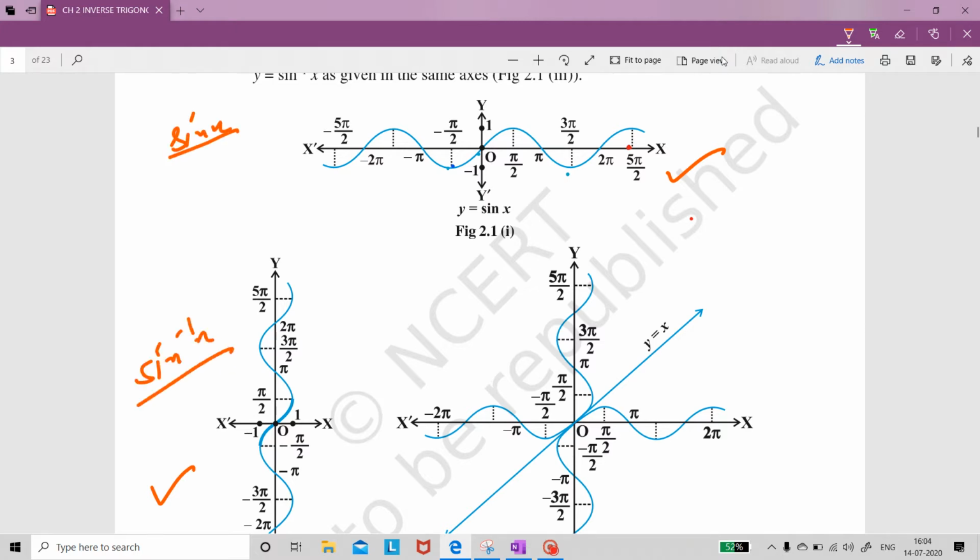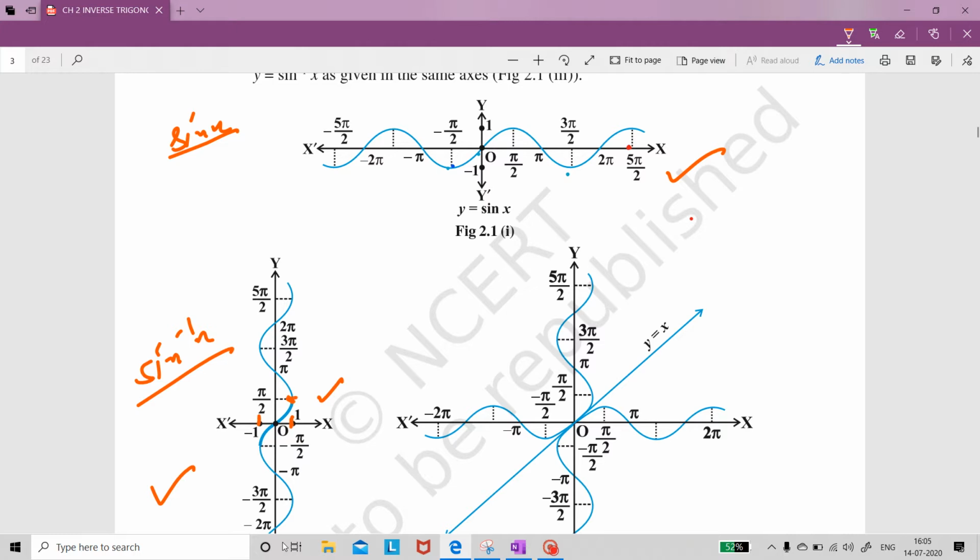Now for sine inverse, you will be showing the radians on the y-axis. For sine x, you had shown the range minus 1 to 1 on the y-axis. Now for the sine inverse function, it is the domain, and it is on the x-axis. Now you can see that if you rotate this sine function by 90 degrees, you are going to get this sine inverse function.